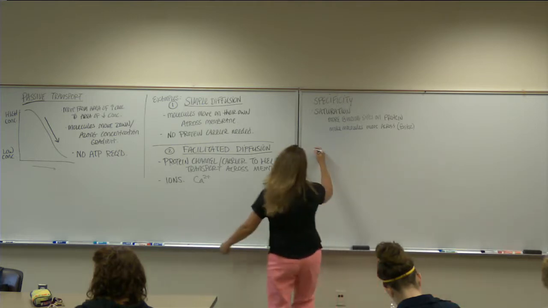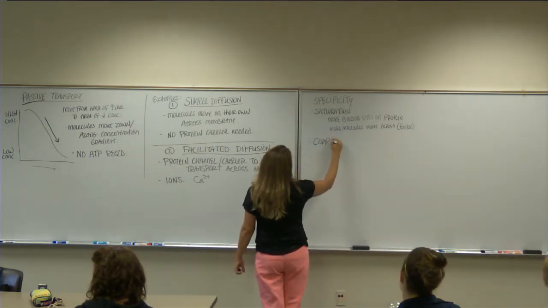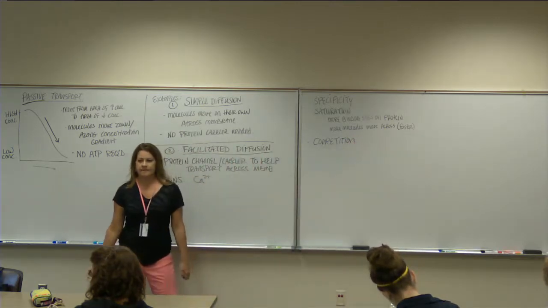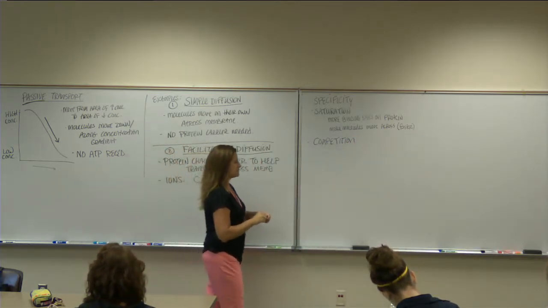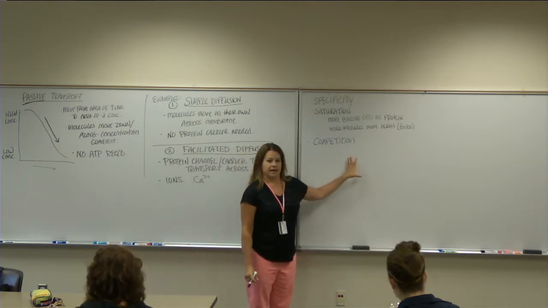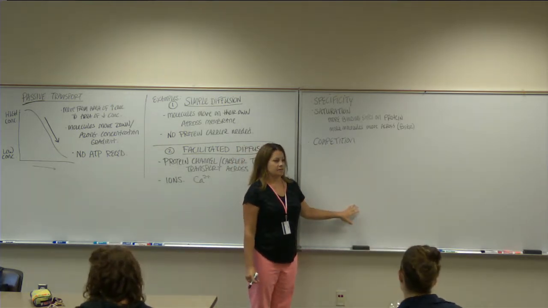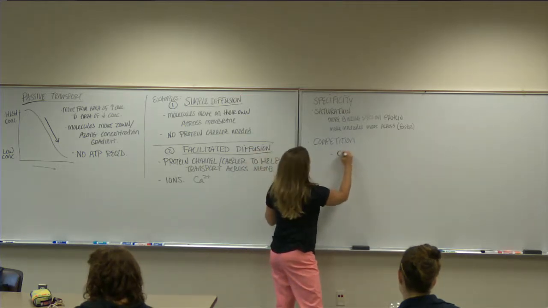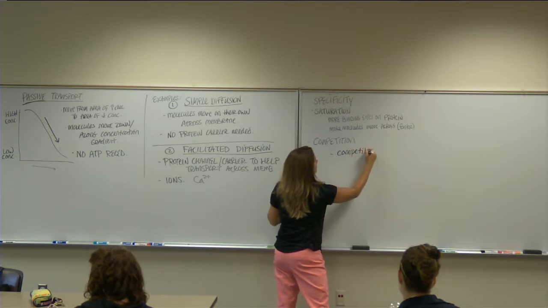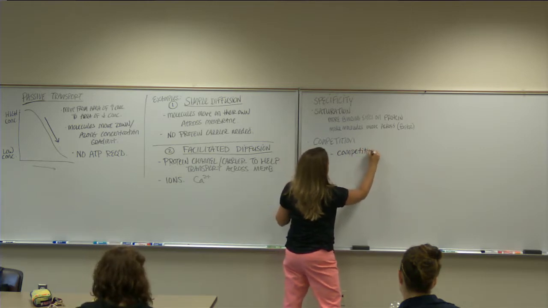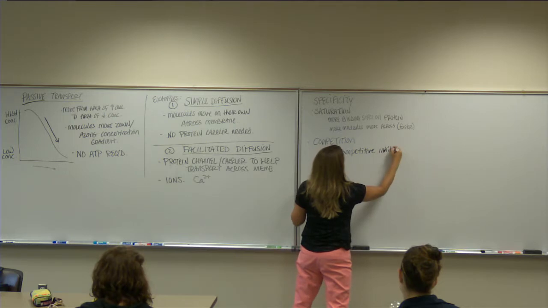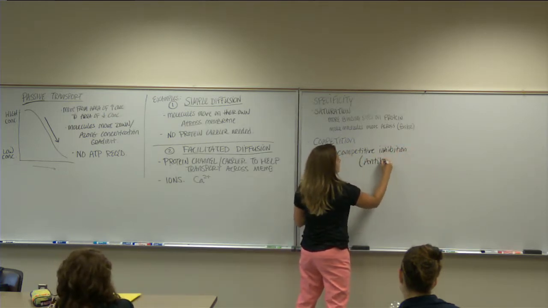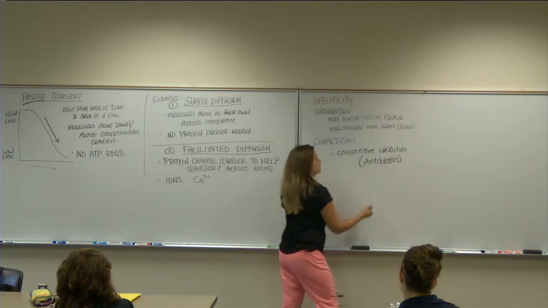Last thing about facilitated diffusion, there may or may not be some competition. So that means if something very similar may be able to bind and get across that membrane, and this is actually exactly what we talked about: competitive inhibition, the example we used, antibiotics in class last week.